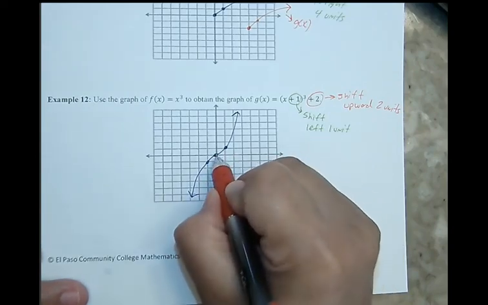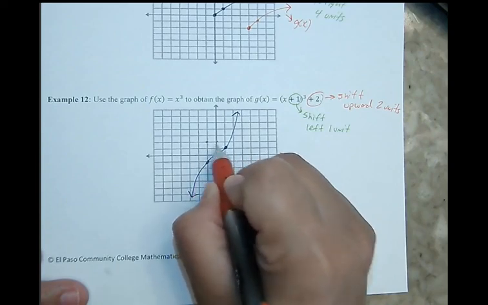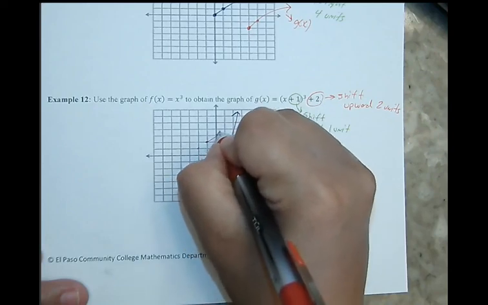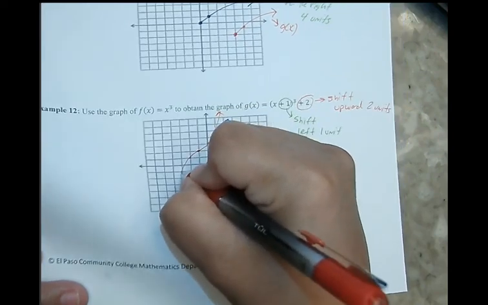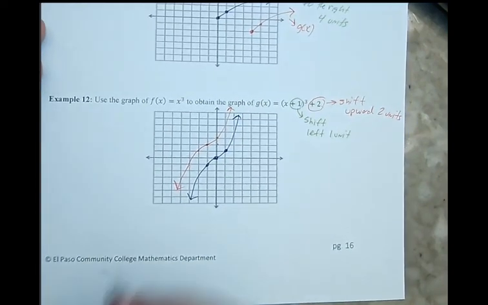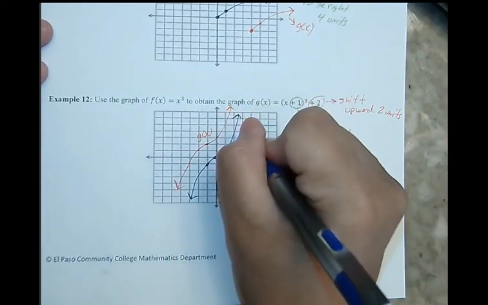Okay, so we're going to go upward 2 units and to the left 1 unit. So my graph would go like this. Okay, so this red graph is my g of x, and my blue graph is f of x.